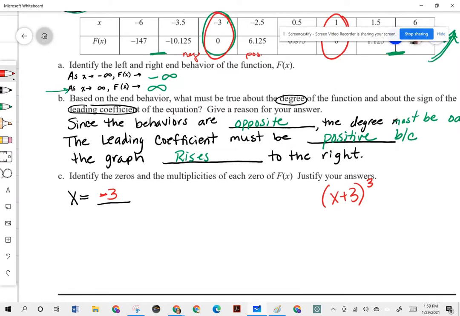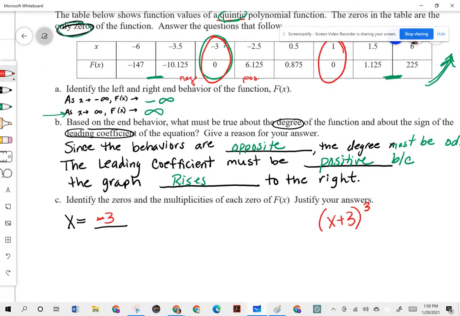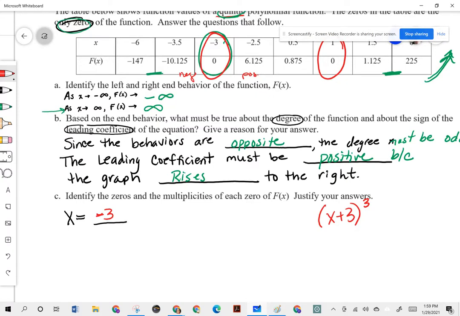We know that that changes sign, and we know that this is quintic, so it's a degree of 3. We can't tell if the concavity changes just by the table. All we know is it's going from negative to positive.